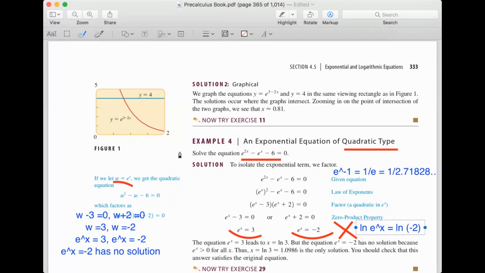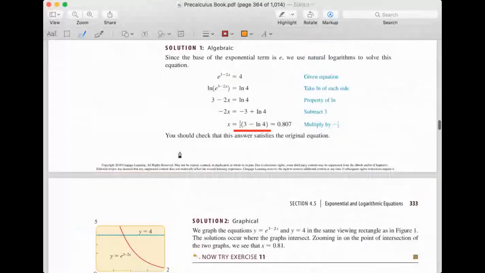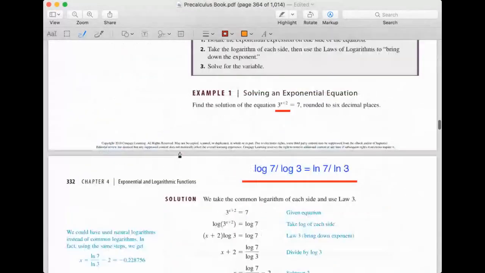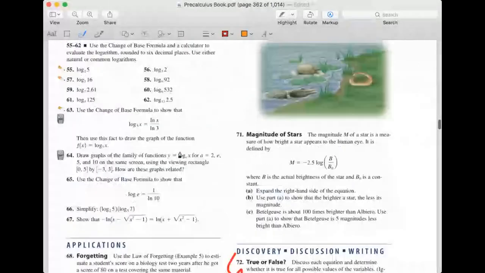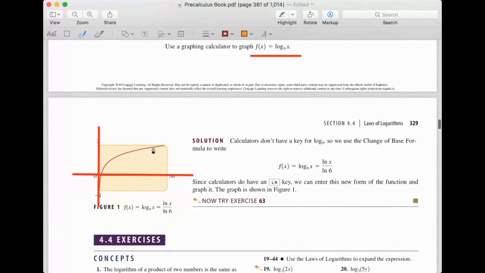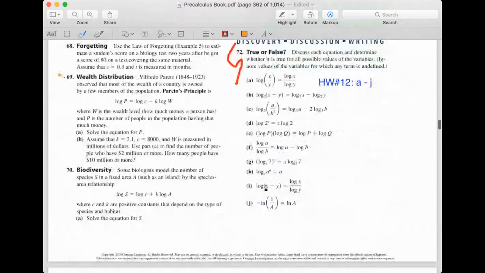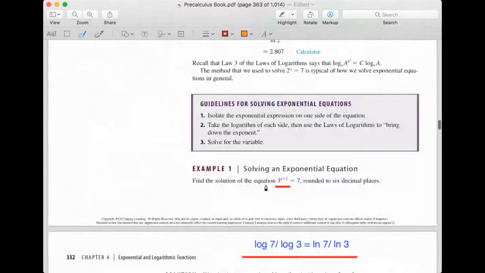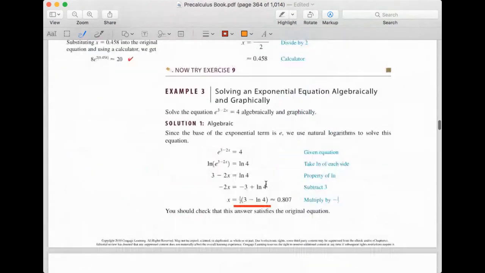Remember the graph of ln x? It's about like this, right? The x value has to be positive. Cannot be 0, cannot be negative. But here we have ln of negative 2, and negative 2 is a negative number.